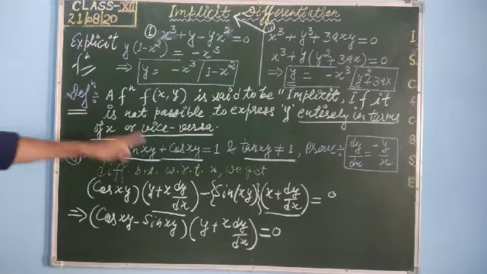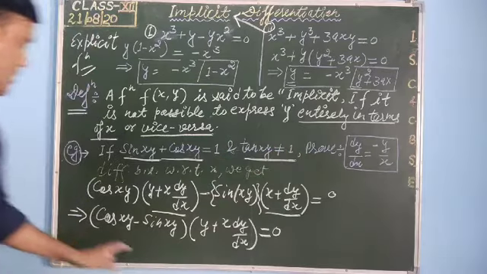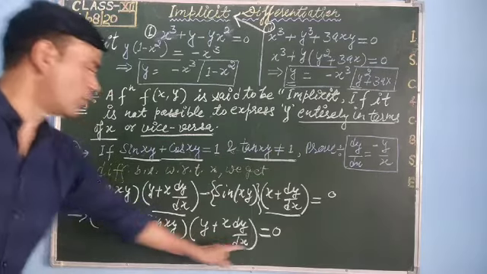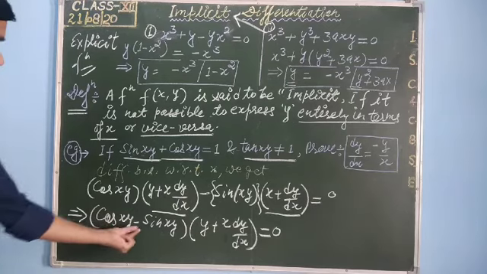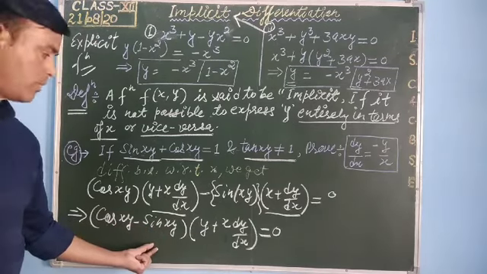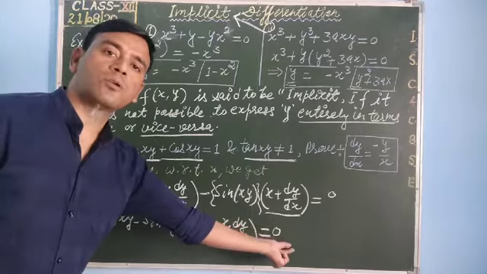See students, here if we divide this whole equation on both sides by cos xy, we will get 1 minus sin xy upon cos xy is equal to 0 upon cos xy, means 0.